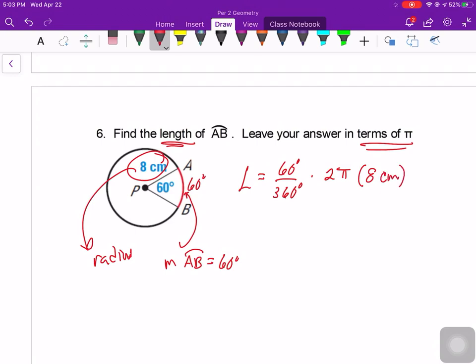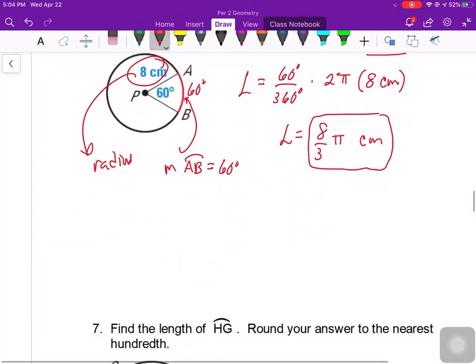Since they asked us to leave it in terms of pi, we won't put the pi into our calculator, but putting everything else into the calculator would give us 8/3 pi, and the units would be centimeters. So for the arc length formula, we need to know the number of degrees for the arc, which is the arc measure, divided by 360 times 2 pi r.